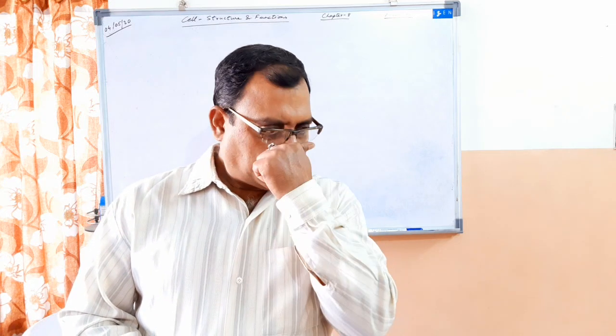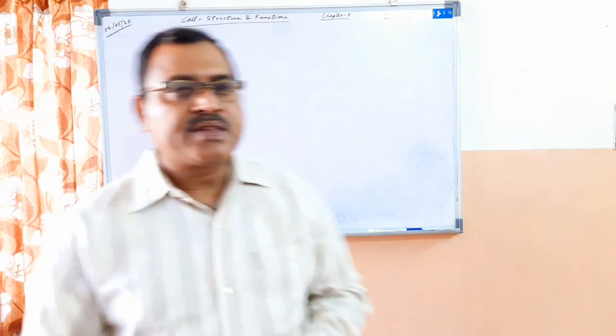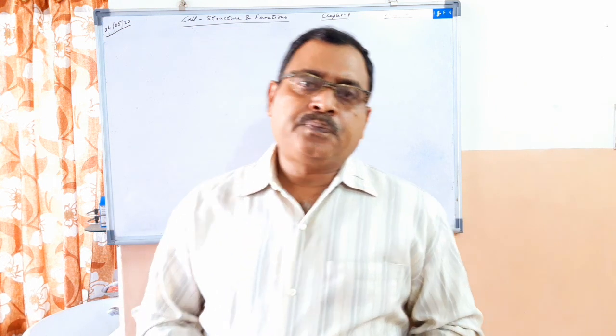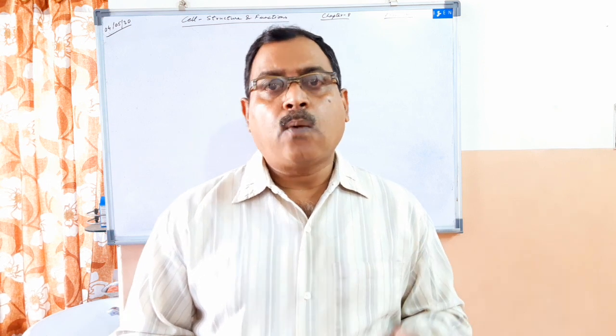Welcome back, children. So today we will do the second part of chapter 8, that is cell structure and functions. Now children, the human naked eye cannot see objects which are less than 1/10 of a millimeter.